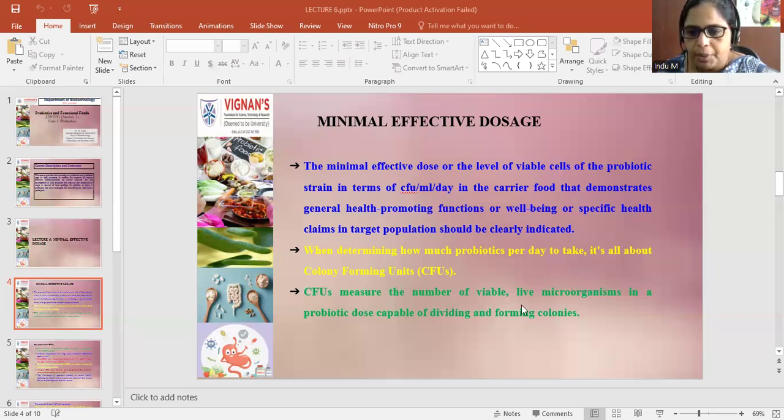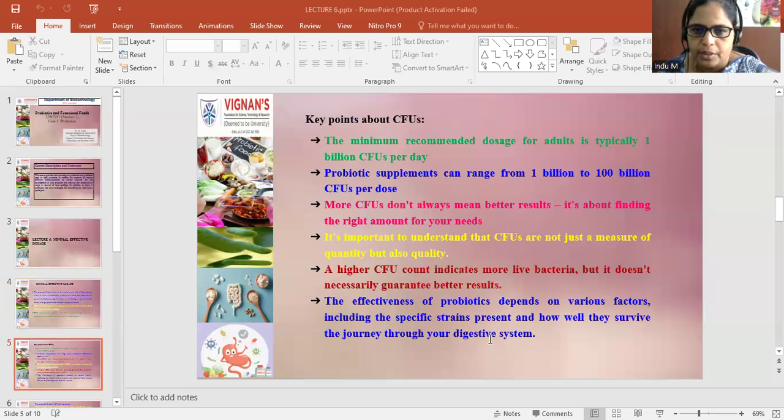Here we measure the number of live microorganisms in a probiotic dose, and these probiotic organisms are capable of dividing and forming colonies. That means they are live microorganisms, able to divide and form new colonies. Such live microorganisms are viable, and these viable microorganisms we call colony forming units.